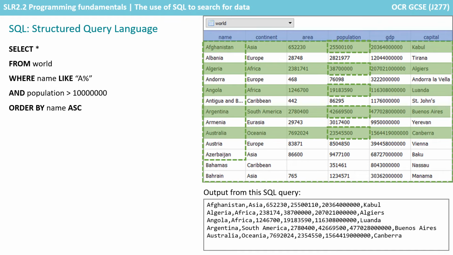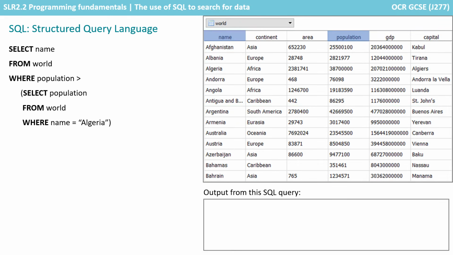We've already said select all the records that start with an A, but within that, now only return the ones where the population field has a value greater than the one specified. And then finally, knowing the selection of records to return, we will say we want to order the result in ascending order of the name field. And we can see the output down there on the bottom.